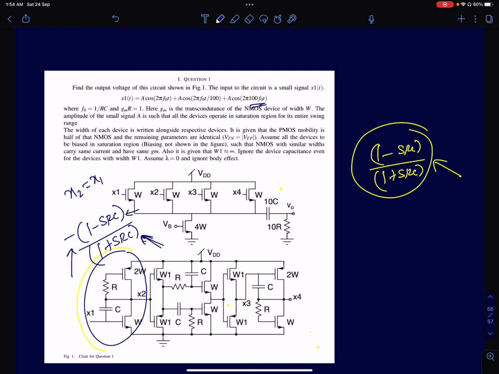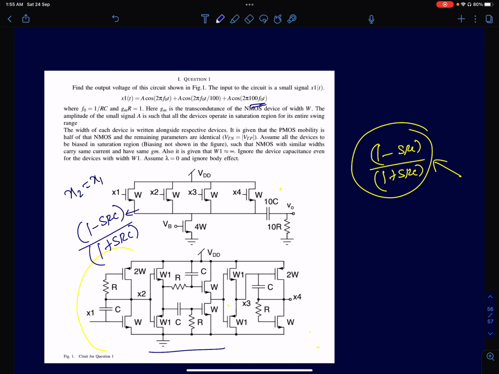Okay. Now let's talk about X3 and X2. For X3 to X2, there is no minus sign here. The transfer function is just 1 minus SRC by 1 plus SRC.